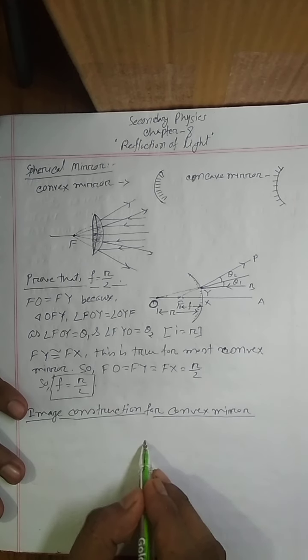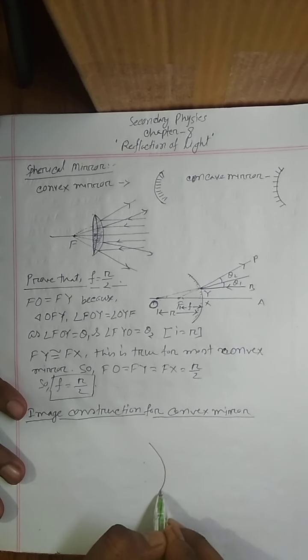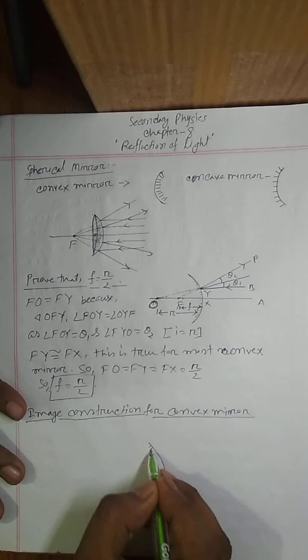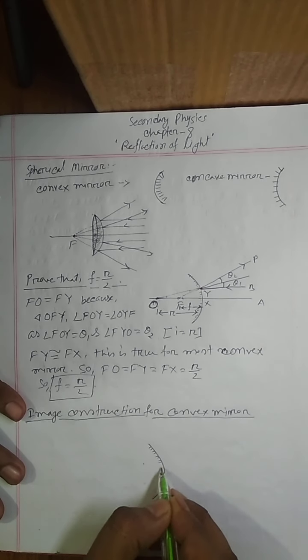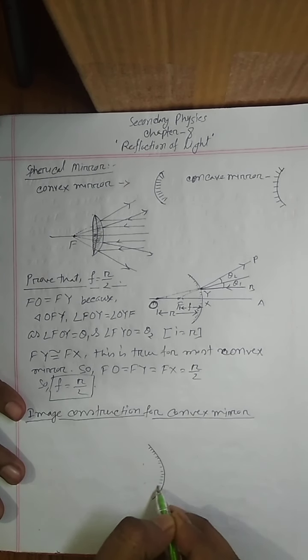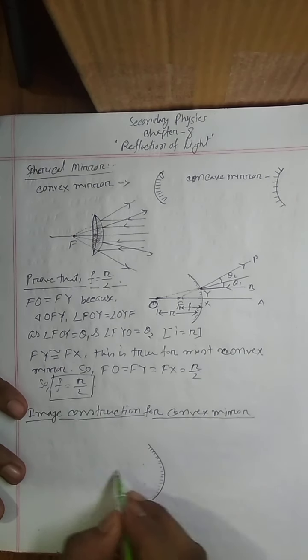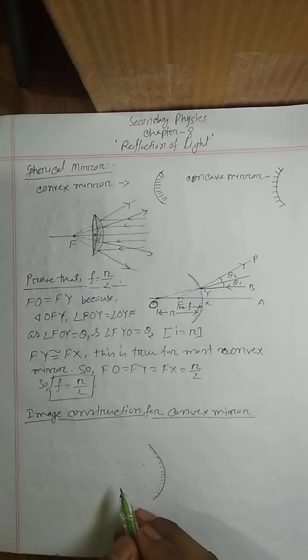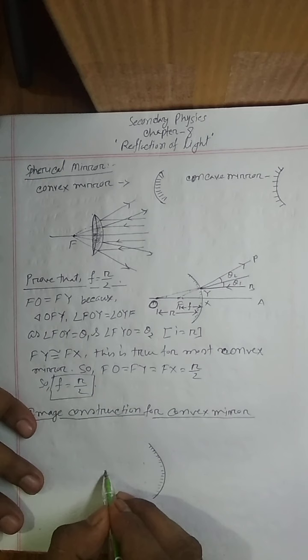Now, first draw a convex mirror. Then make an axis on it.